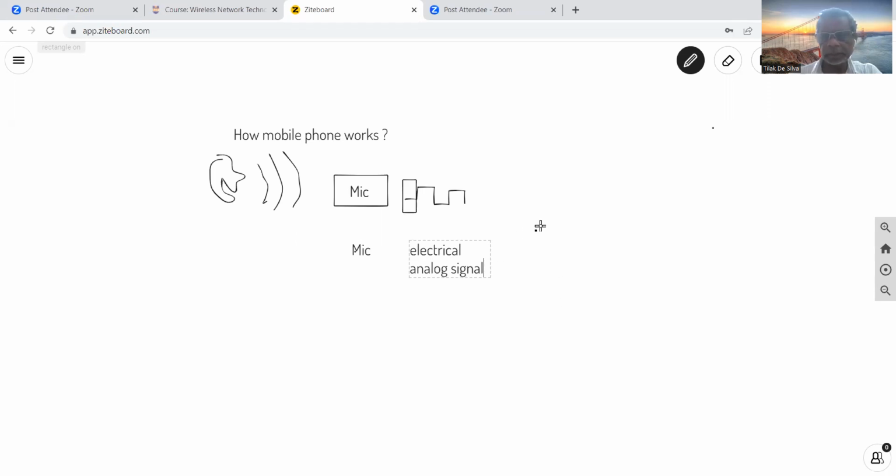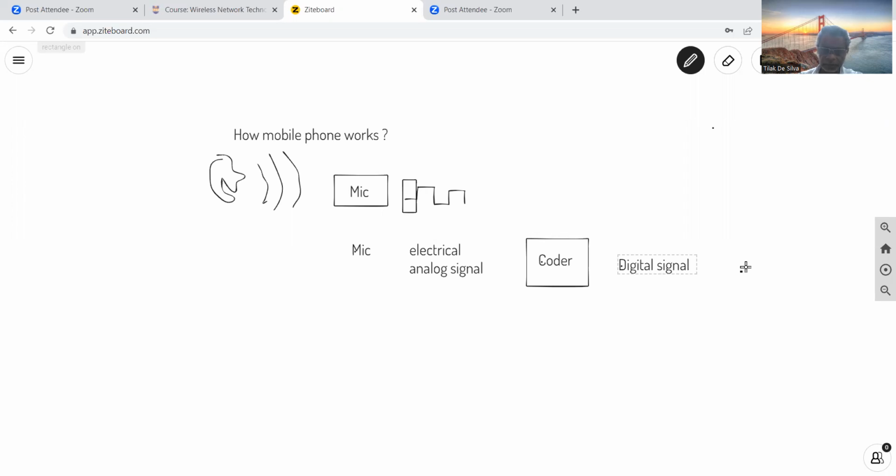Then you have another device here. This is called a coder. It will convert it to a digital signal. At the receive end, the reverse will be done, that the digital signal will be converted to electrical analog signal using the speaker.